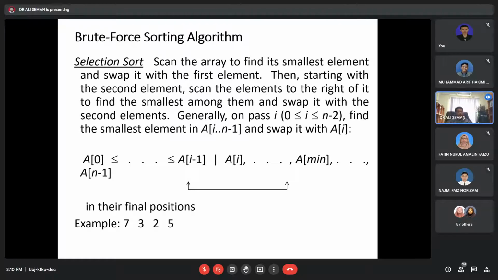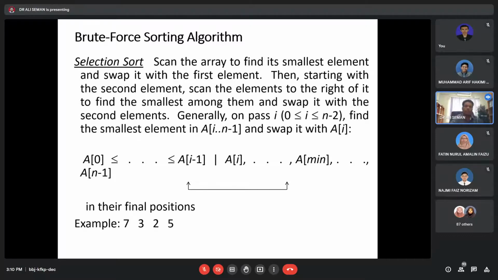This is the same thing I explained just now for selection sort, where basically we start with the minimum at index 0, find which one is the minimum and update the minimum. When we update, the next step is to swap. And again, we go to the next index, find the minimum, and update until we swap.